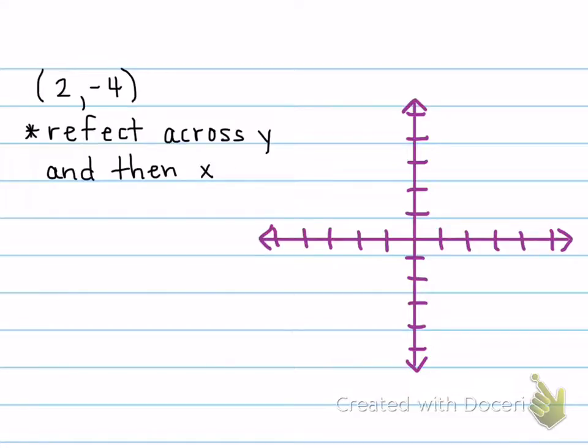Okay? So let's first plot 2, -4. 2, -4 takes me 2 to the right and 4 down, because that's where -4 would be.